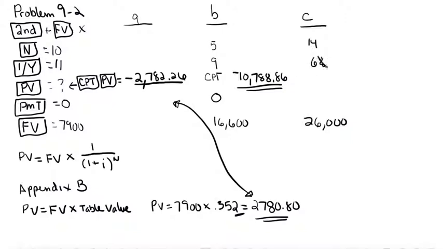Don't push the percent button, because that will screw things up. We still want to compute the present value, and payments are still 0.